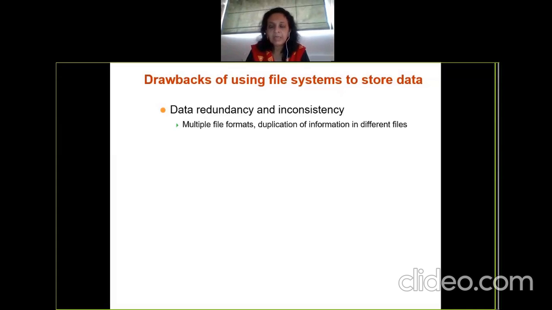See once again, suppose we are storing the same data in multiple files, then it creates data redundancy, or duplication of the data, which requires more storage or wastes storage space.